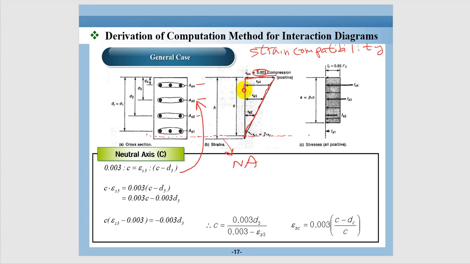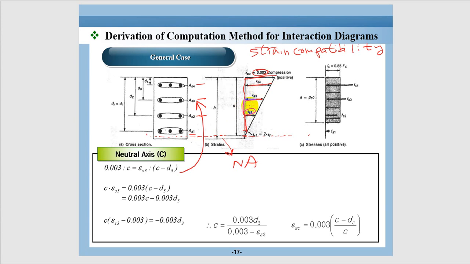So this is a compatibility concept, right? So the magnitude of this strain at the S2 layer depends on this distance, from a rebar layer to the neutral axis. You can do the same thing for the steel rebars, the first layer, third layer, and fourth layer.